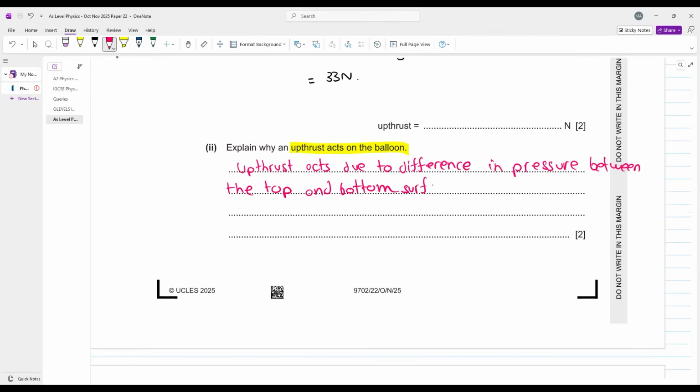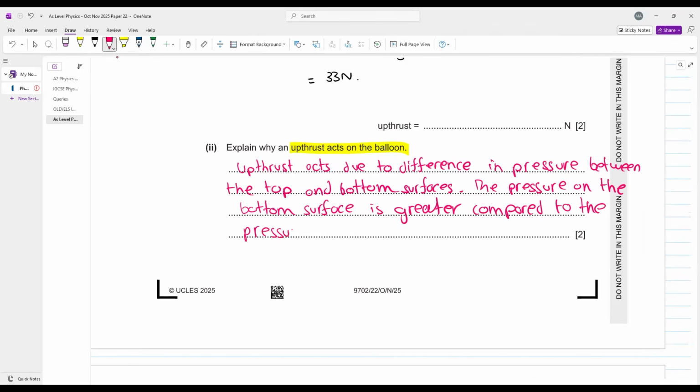The pressure on the bottom surface is greater compared to the pressure on the top surface.